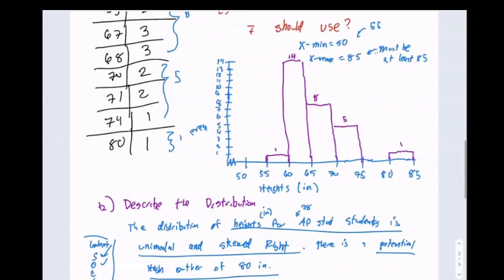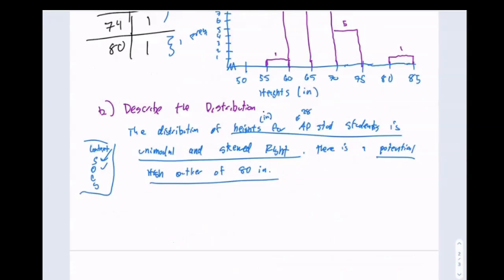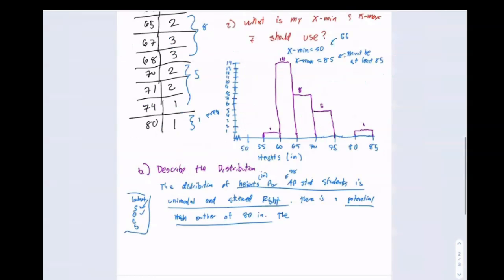But what do we have to mention here? Well, I'm going to leave it blank right now. Since I have the data, the median is blank, and the IQR is blank. Inches.